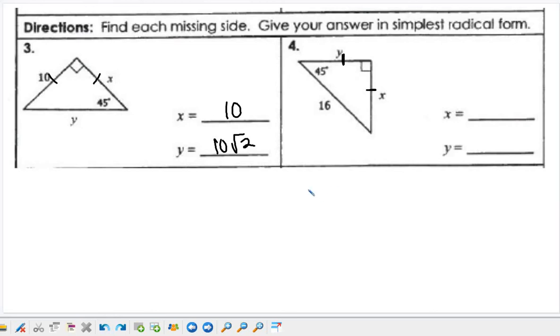Whatever the leg is, the hypotenuse is equal to the leg times the square root of 2, right? That means that the leg would then be equal to the hypotenuse divided by the square root of 2.